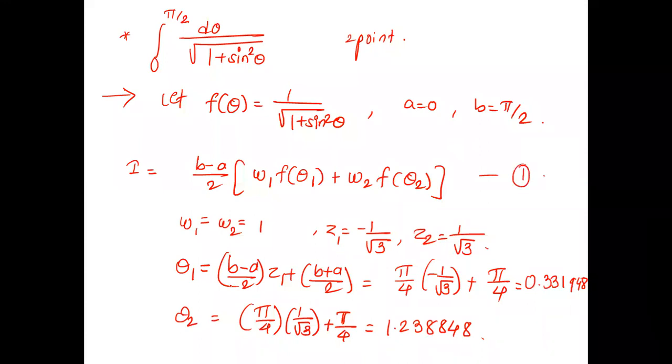So before that we'll need f of theta 1 and f of theta 2, right? So we'll find those values. Before that, this function you should write on your calculator. Try writing it. So for I is equal to b minus a, pi by 2 minus 0 by 2, pi by 4.